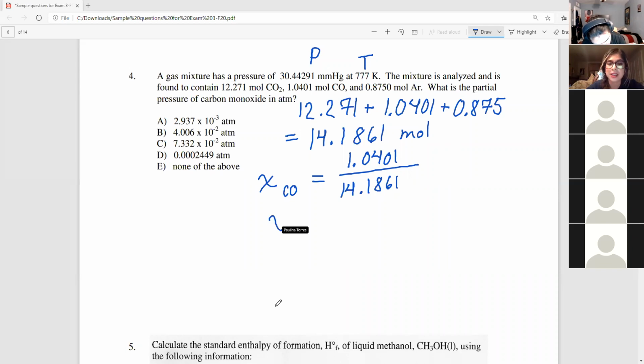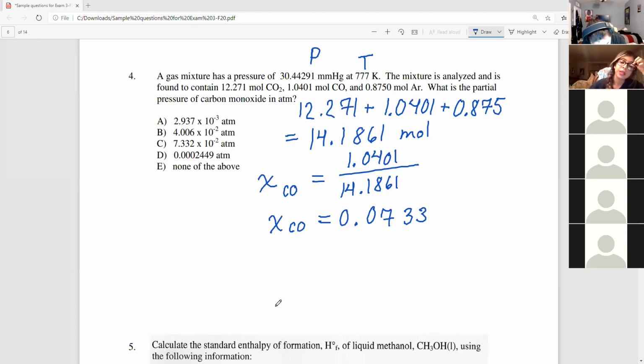And what do we get? I got 0.0733. Yes. Okay, 0.0733. So this is our mole fraction.